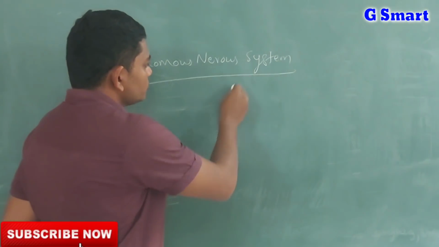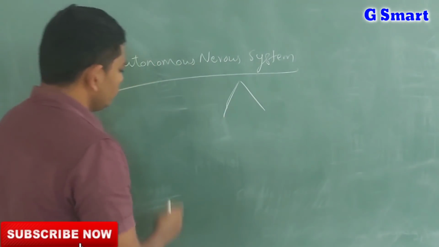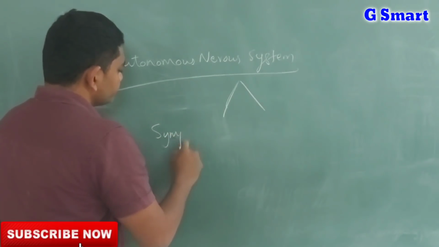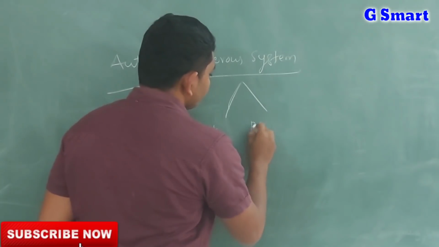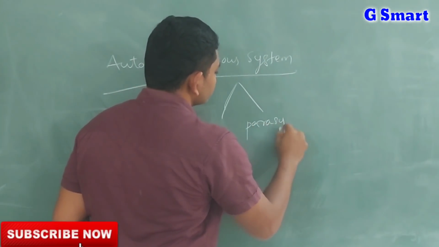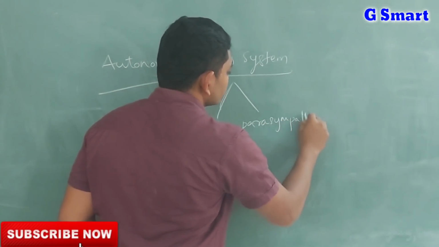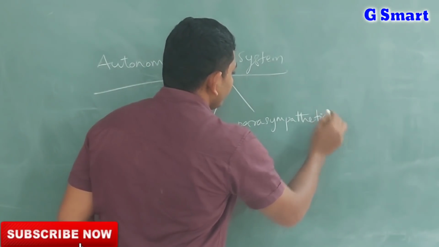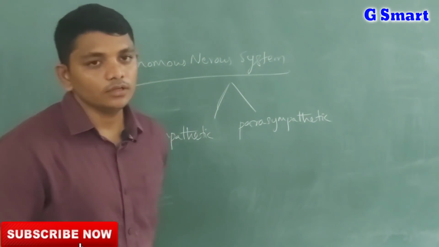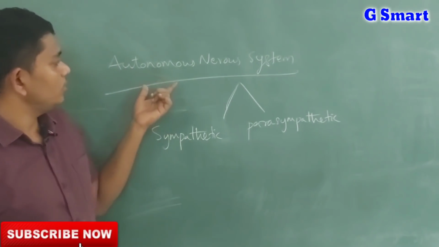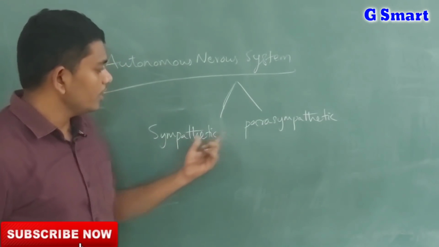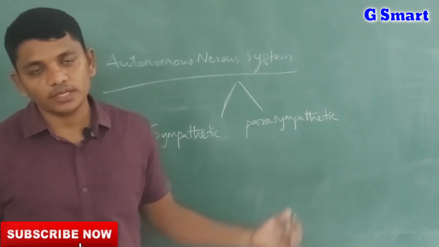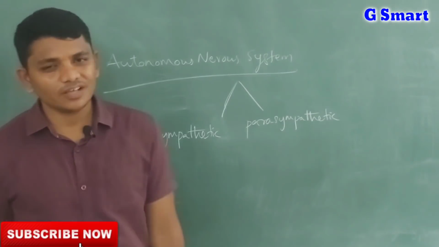You know, the autonomous nervous system is again classified into two types: sympathetic and parasympathetic. These are the two main types of autonomous nervous system: sympathetic nervous system and parasympathetic nervous system.